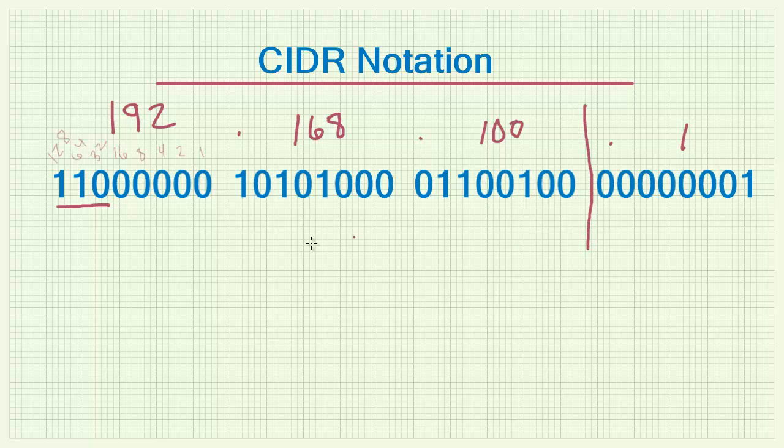So these first 3 octets are network, and this last octet is host. In the early days of IP networking, once we assigned the IP address to the network node, we were done, because the IP software that ran on that node could then use classful networking rules to surmise that this is host number 1 on the 192.168.100 network.